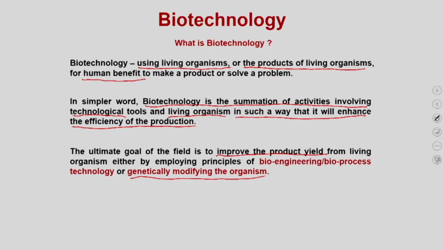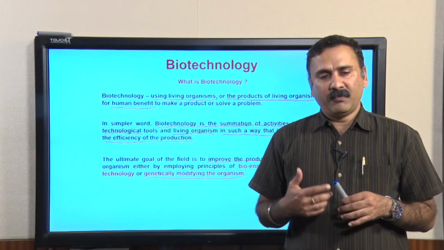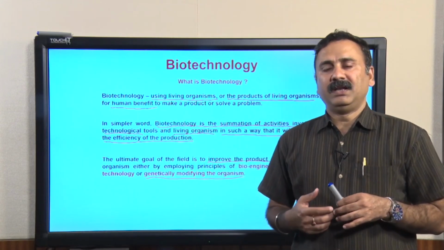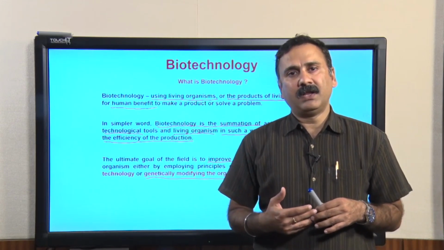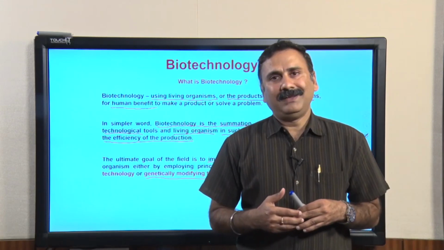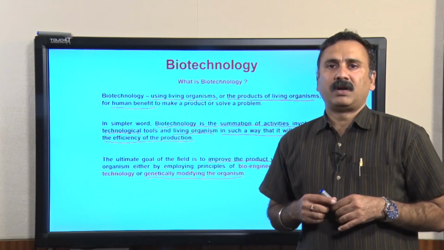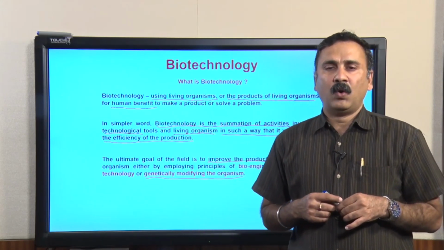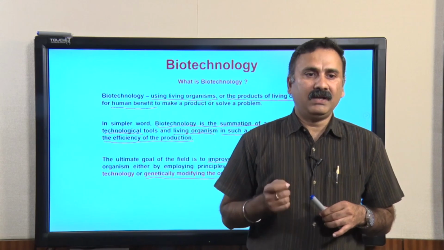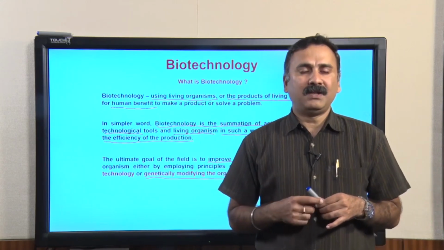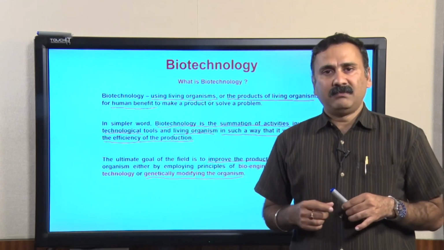Now, the question comes: when we talk about biotechnology, how many biotechnology products are you using in your daily life, and do you know any biotechnologists so far? One classical example of a biotechnology product is the curd, which we prepare in our homes, and that work is being done by one of the biotechnologists in your home, that is your mother or grandmother.